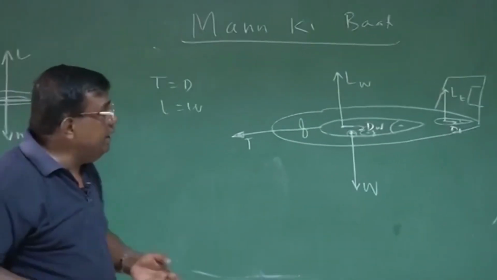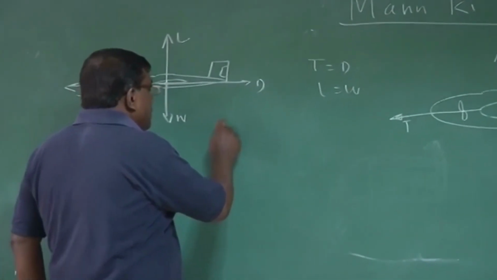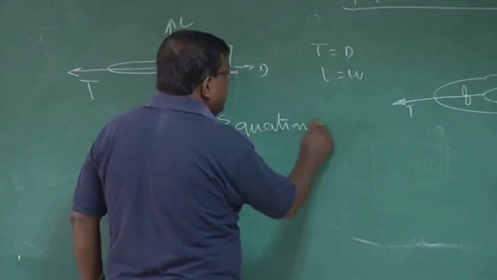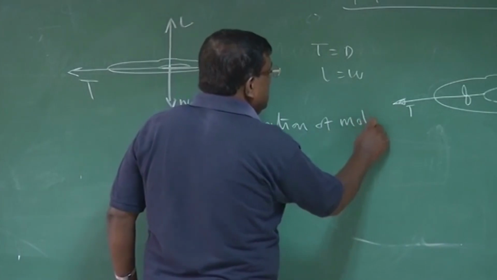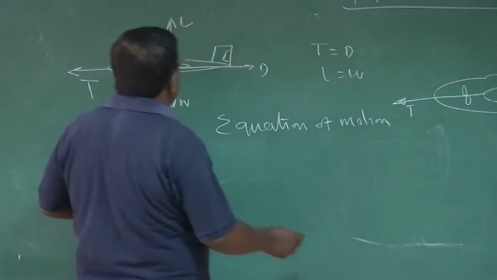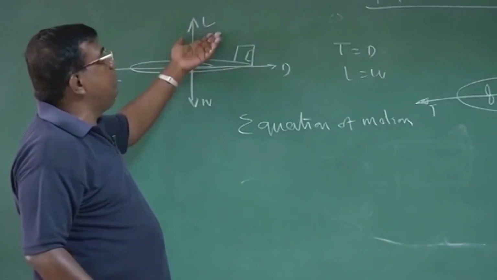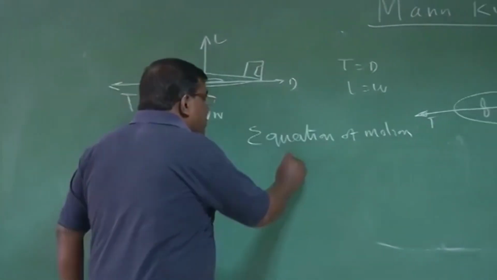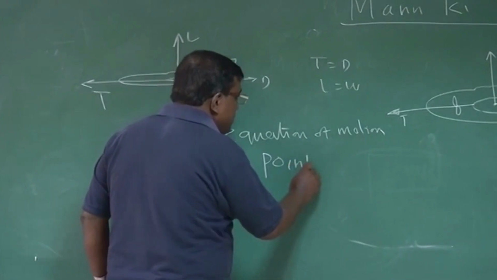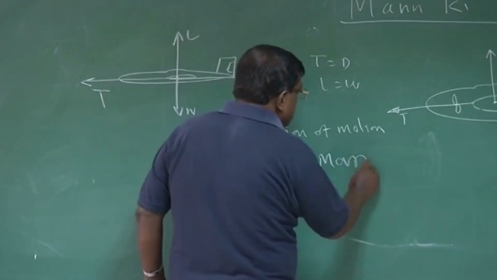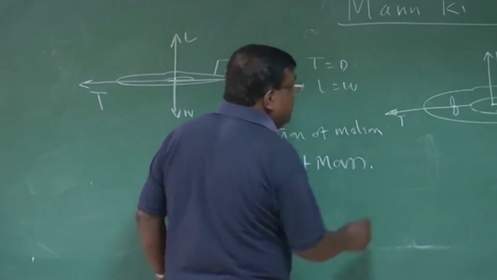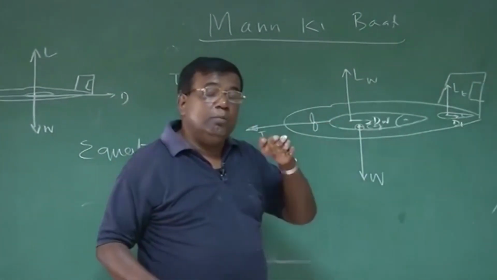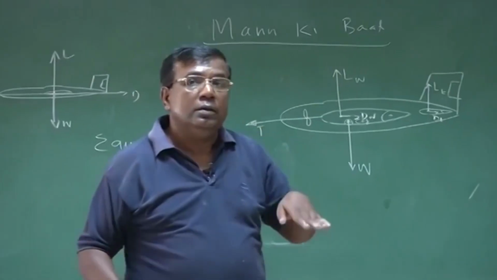But when I'm writing this equation of motion, remember the equation of motion? From there we got thrust equal to drag and lift equal to weight for unaccelerated flight. There we are using a point mass model, right? Okay, I mentioned that. Point mass assumption. That is, I am not bothered about mass distribution because I am only bothered about rectilinear motion.